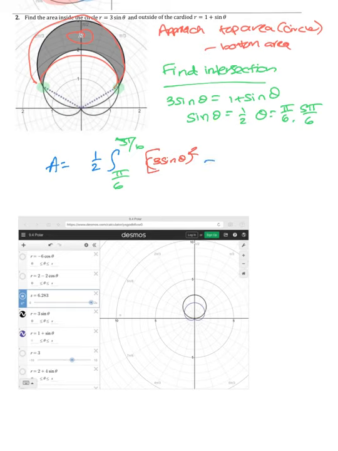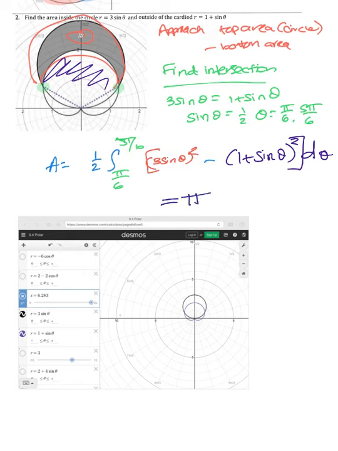I'm going to call this my purple area down here. So minus (1 plus sine of theta) squared d theta. And then you're going to grab a calculator to input that, and after you integrate this, you get pi.